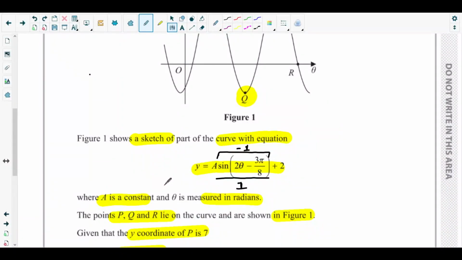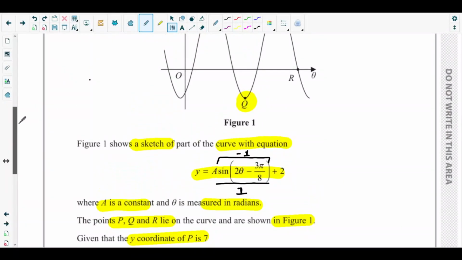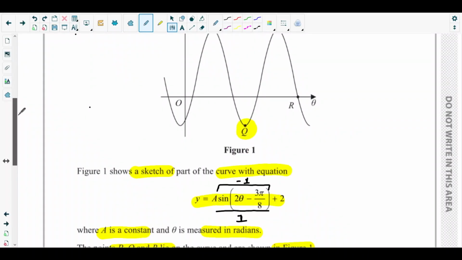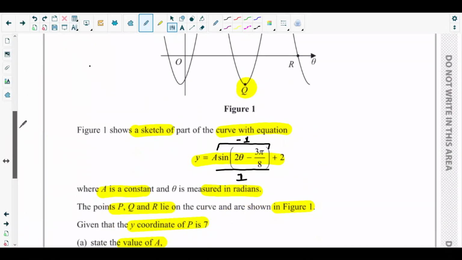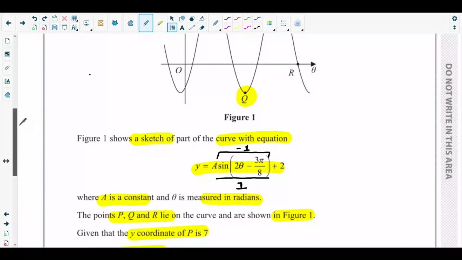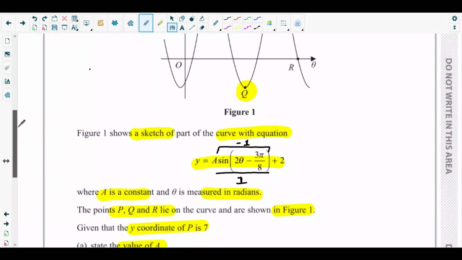So we know the value for a, which is 5. So 5 times minus 1 is negative 5. Negative 5 plus 2 is negative 3. So at Q, the y value is negative 3. Now, we need the value for theta, right?